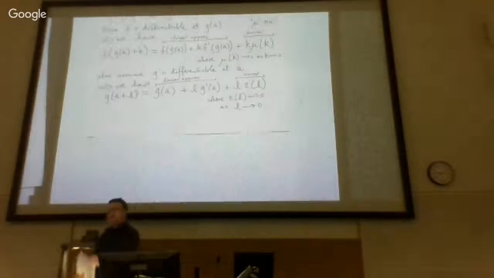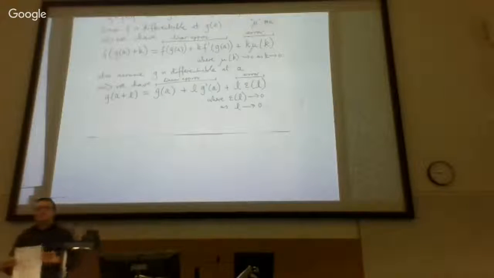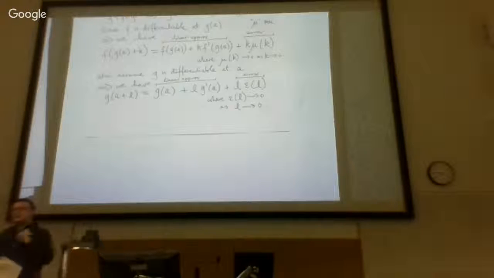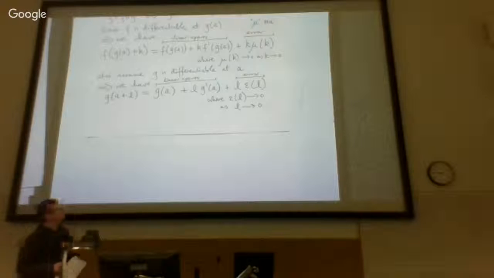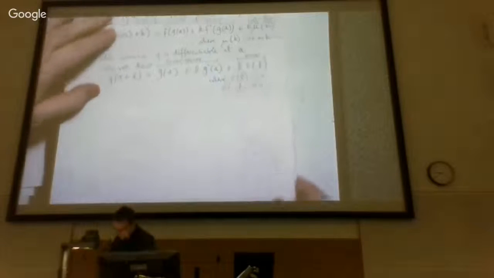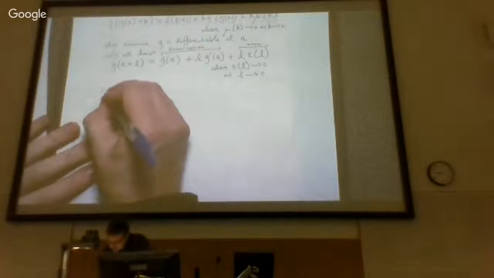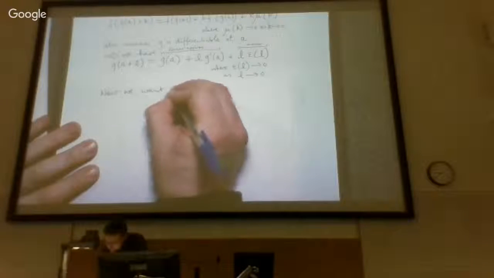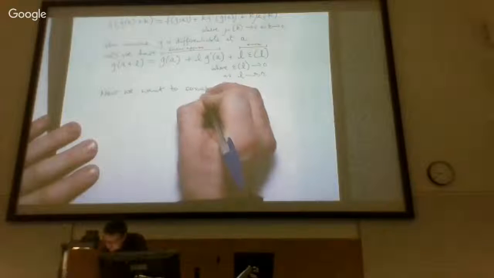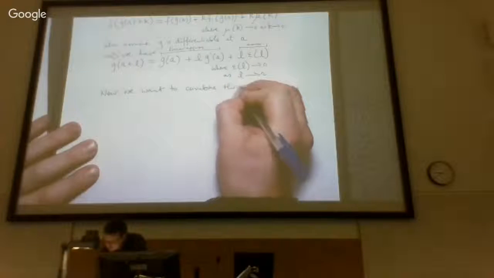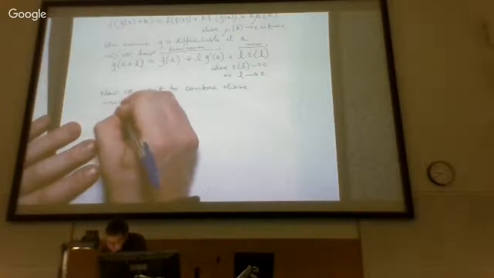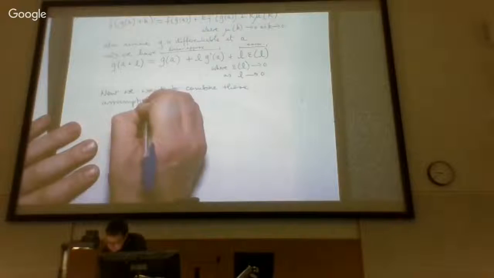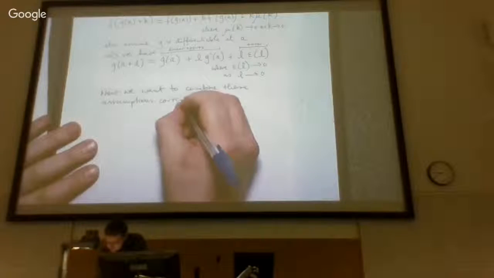Any questions just about setting up those assumptions? We haven't started proving it. We've just taken a lot of effort to write down the assumptions carefully. So now we combine these assumptions. Correctly.